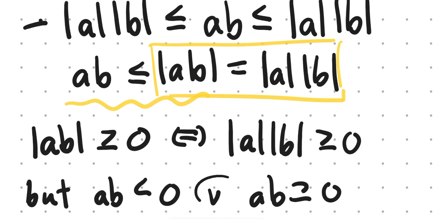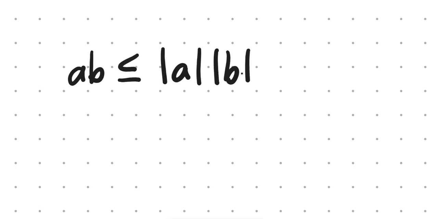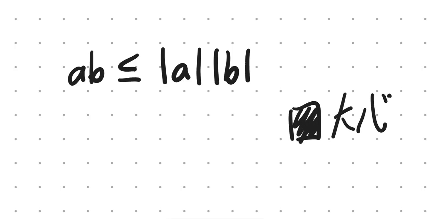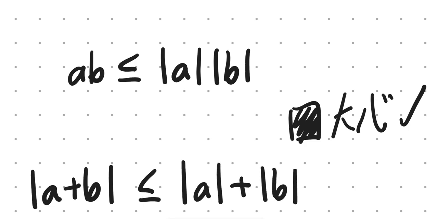Since we have an "or" here, we can state that AB is indeed smaller or equal to the absolute value of A times the absolute value of B, which proves that the triangle inequality holds: the absolute value of A plus B is always smaller or equal to the absolute value of A plus the absolute value of B.